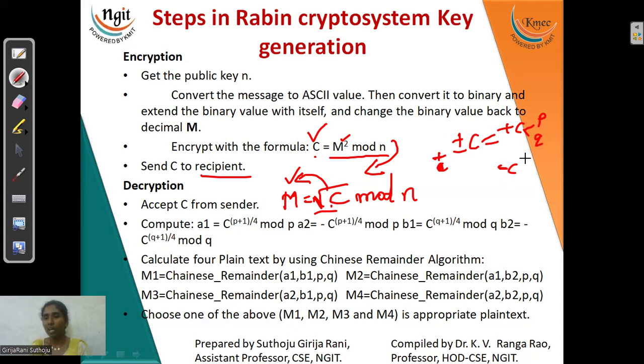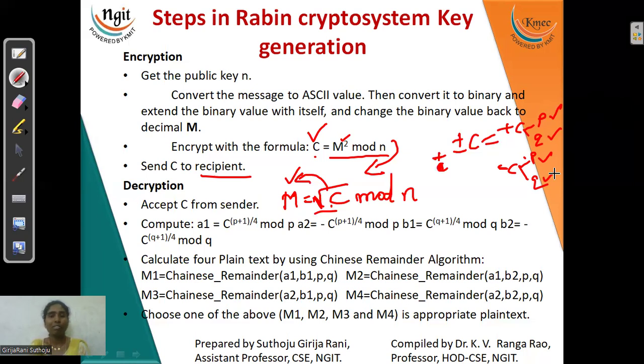Minus C also, I will apply with the prime number p and the prime number q. Thus I will be generated with 4 combinations of data. I think you got how we got 4 equal choices of the decryption plain text.